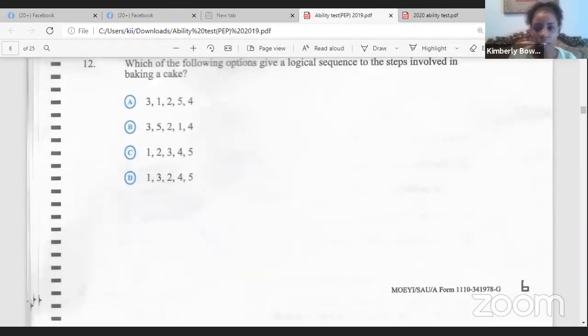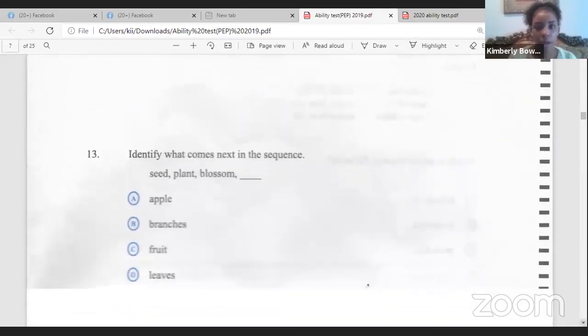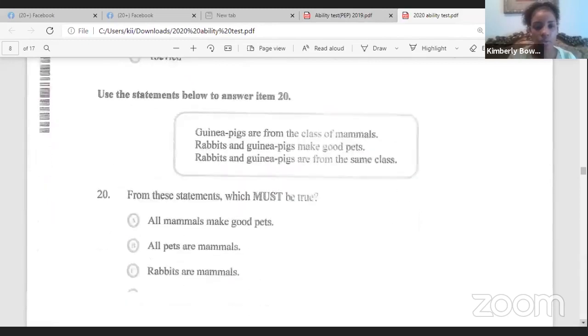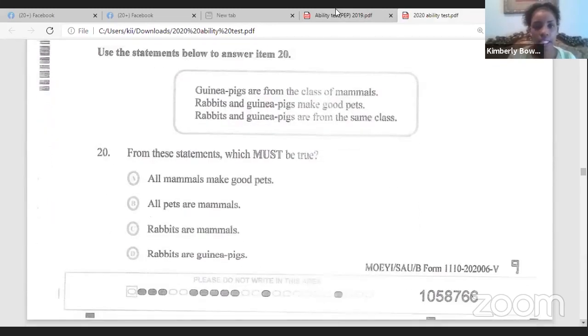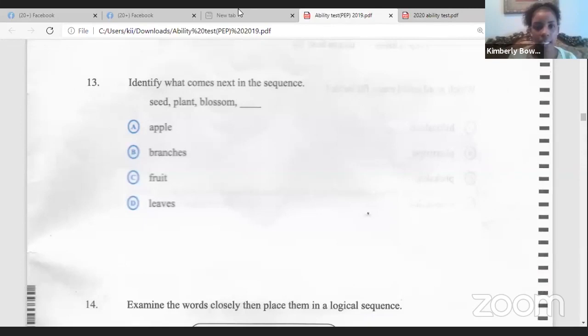We have seen the sequences for both of the past papers. I'm toggling back and forth between both papers and scrolling down to see the types of questions that could come on the current paper that we're going to be getting on the 25th of March.